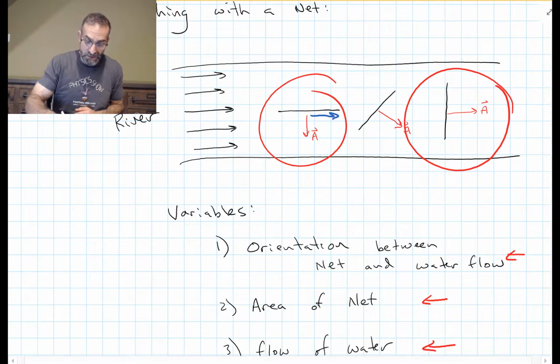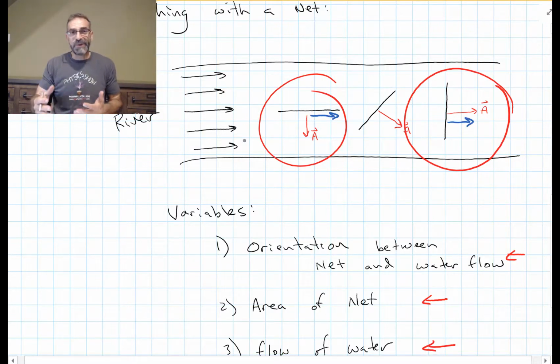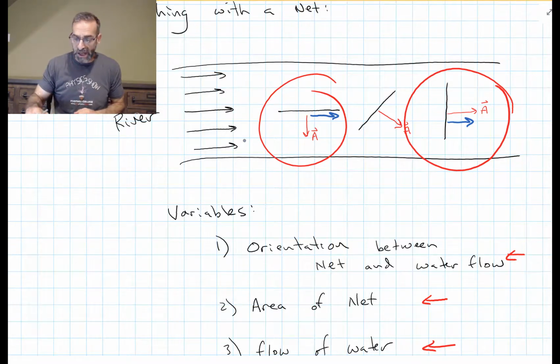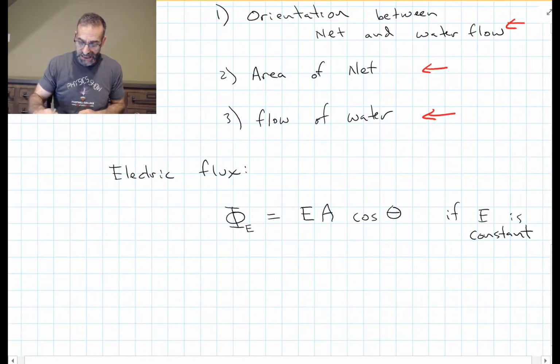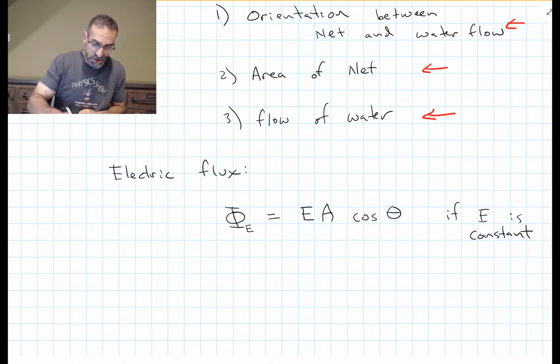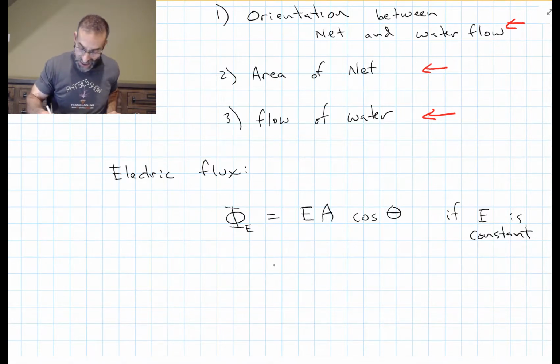The area vector and the electric field vector, or in this case the flow rate of the water, are in the same direction. There's a 0-degree angle, and cosine of 0 is a maximum. It's 1, and that gives us our maximum flux. We can also write this as a dot product.